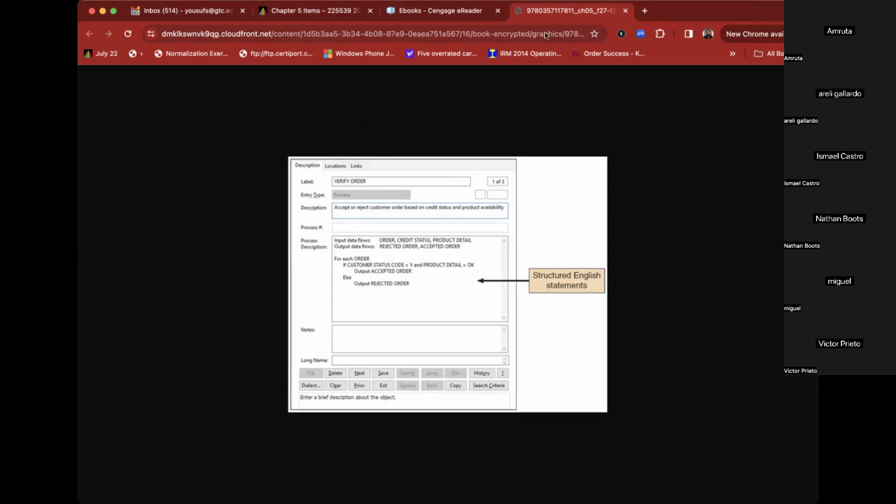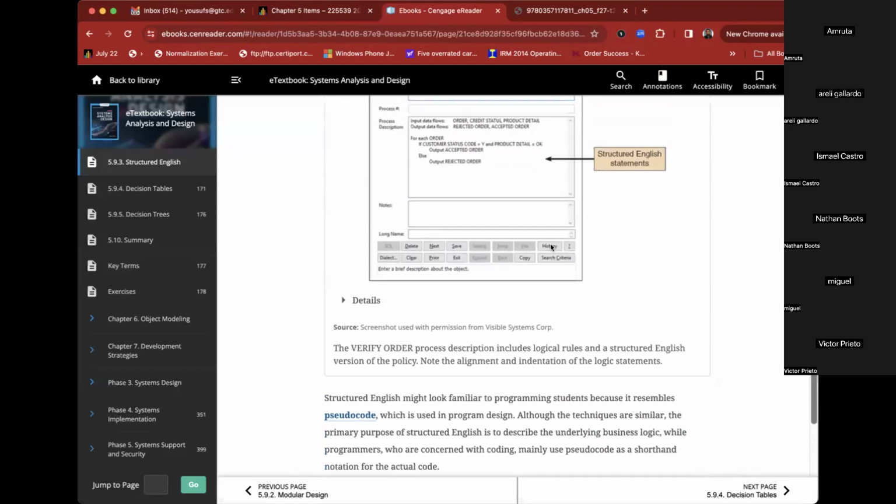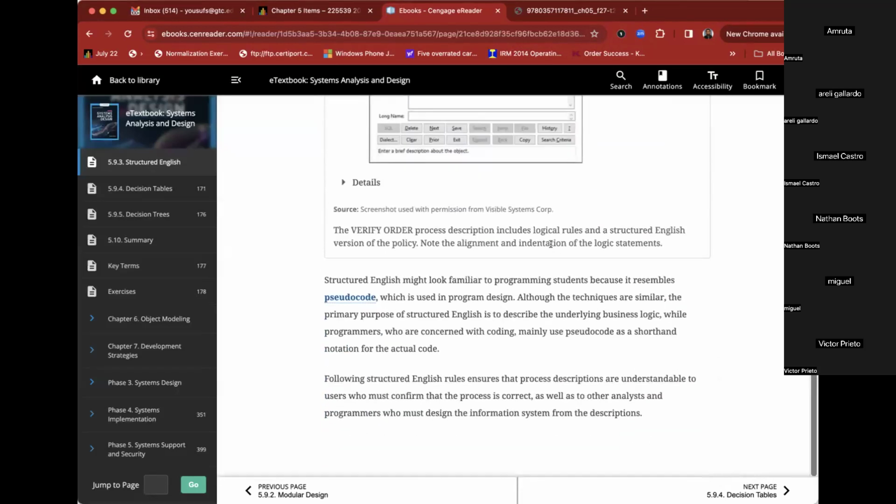So structured English is a bit different from pseudocode, but it's very close to pseudocode. So structured English might look familiar to programming students because it resembles pseudocode. Although the techniques are similar, the primary purpose of structured English is to describe the underlying business logic, while programmers who are concerned with coding mainly use pseudocode as a shorthand notation for the actual code.